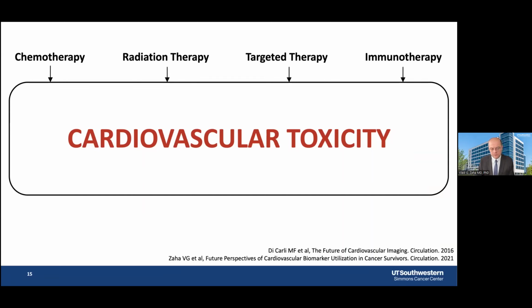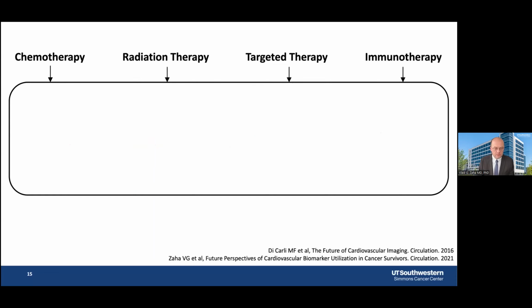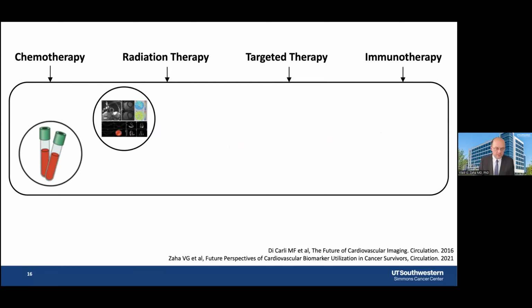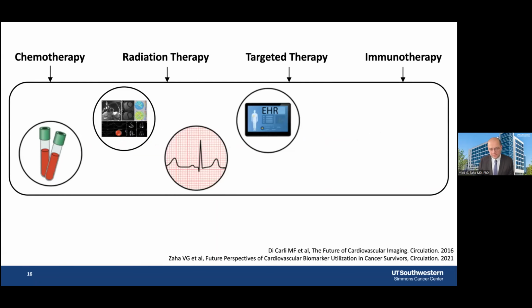And then how do we define if these are related or not related to the cardiovascular system? So we have blood tests, we call them blood biomarkers. We have different imaging modalities that we can use. We are using electrocardiograms or more sophisticated monitoring connected to the electronic health records using wearable devices nowadays.